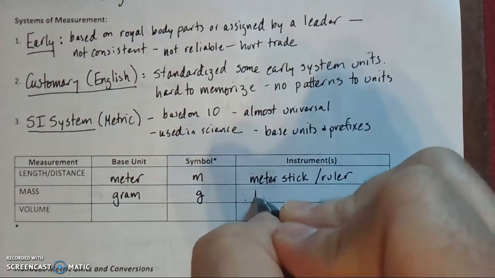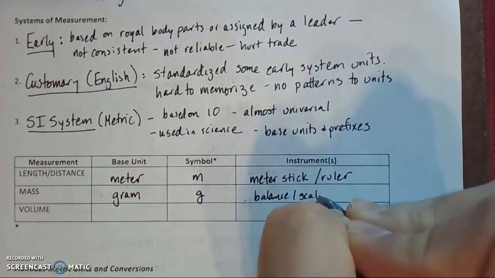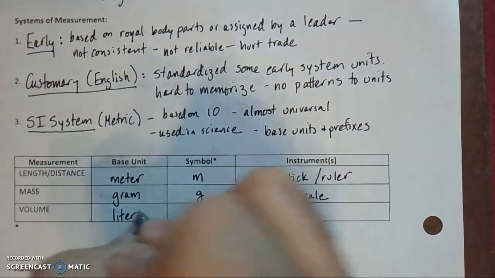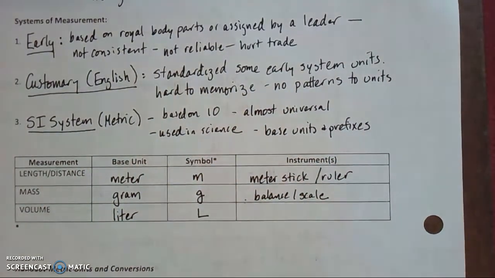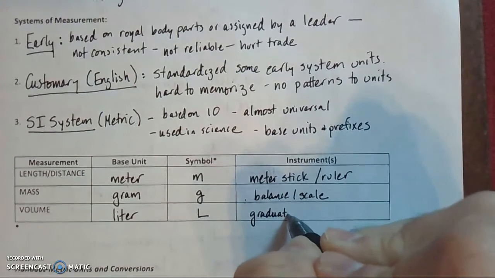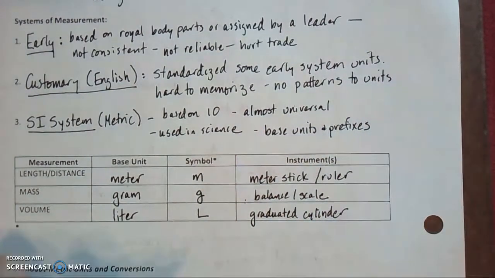And an instrument is either a balance or a scale. Volume is liter. It is a capital L because a lowercase l looks like a 1. And in lab, we use a graduated cylinder to measure that.